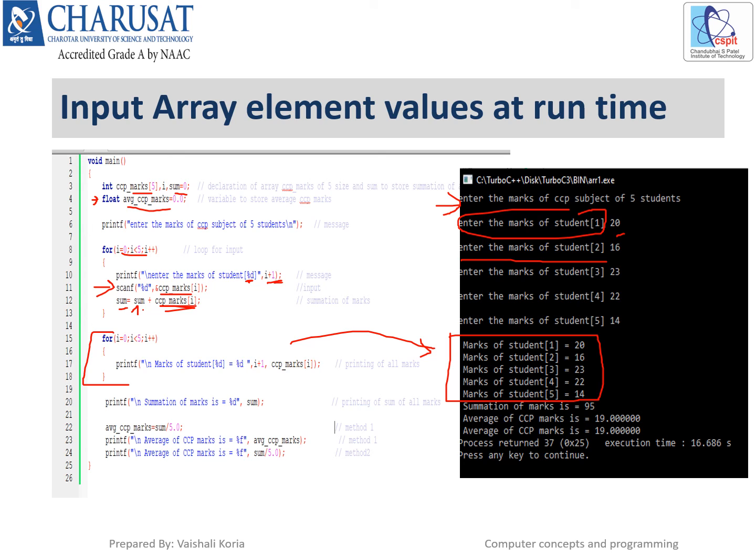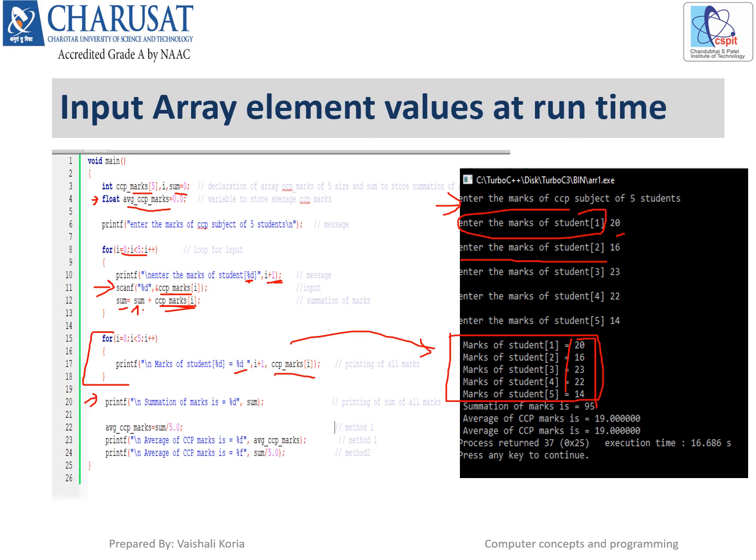If it is the same as the entered values, then it is okay. Here you can see that when I'm printing using %d and CCP marks[i], it is printing the perfect values that we had entered. So the allocation is right.